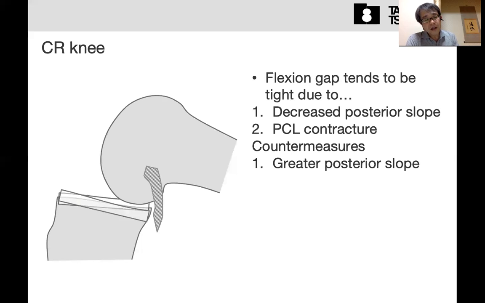But it is sometimes too steep in Asian and Japanese patients. Some patients have more than 10 degrees, so 12 degrees, and even 15 degrees or 20 degrees in some cases. If we cut the steep posterior slope, there is a problem that it can cause PCL damage.